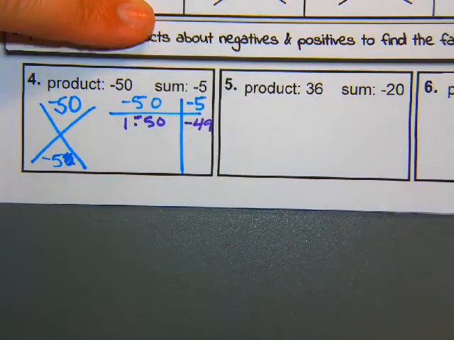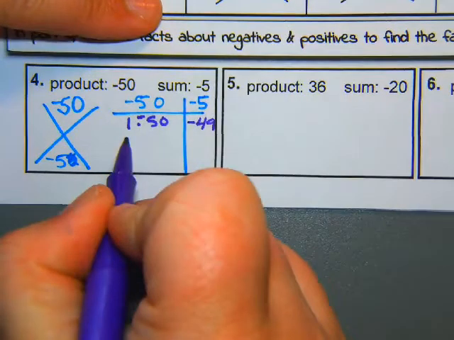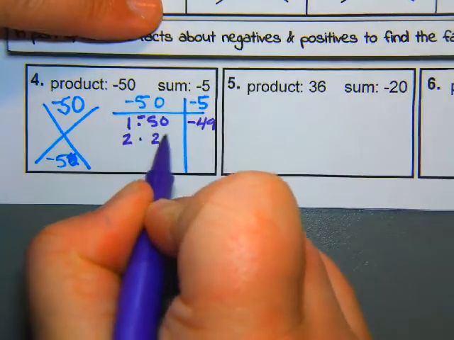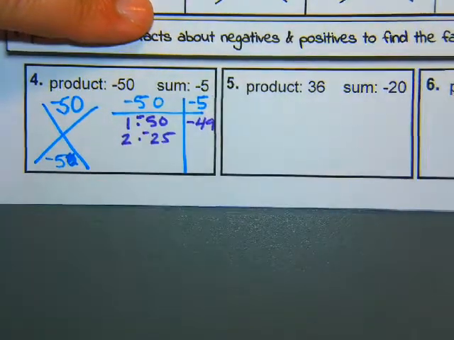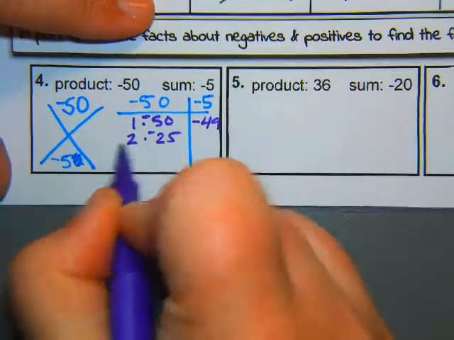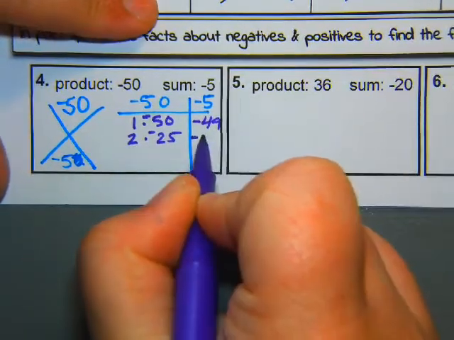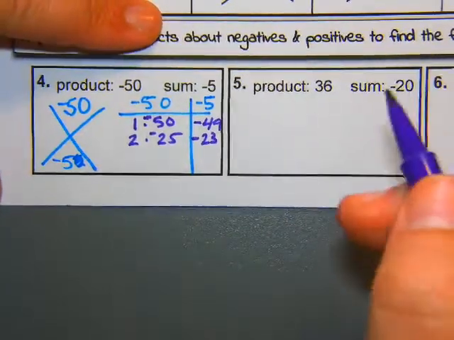It's still not negative 5, but at least we got a negative. So that's not it. We also know 2 times 25 makes positive 50. Again, we make the bigger one negative because they're supposed to add to a negative. That adds to negative 23. That's closer to negative 5, but not quite.